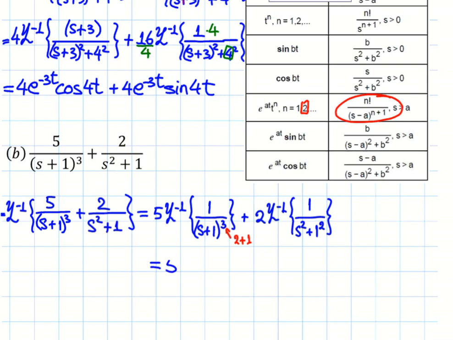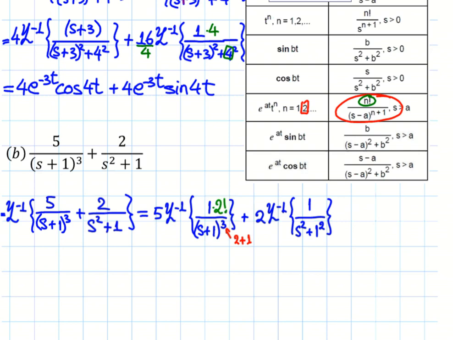By the way, we're missing something here. Notice that on the top we have to have n factorial. Since n is equal to 2, we're going to need 2 factorial on the top here. So that will be exactly the form of what we have: 2 factorial over (s minus a) to the n plus 1.